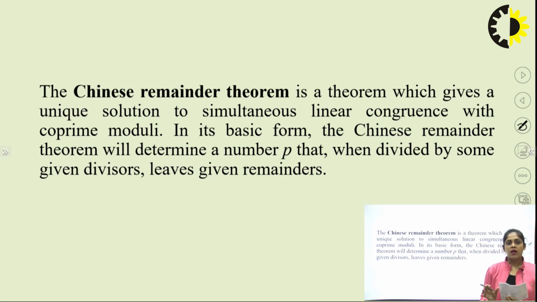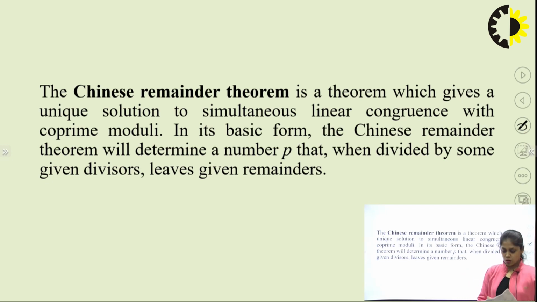So whenever we have certain moduli that are coprime, we will find the value of a number which, when divided by the moduli, gives the remainder given by the equation. We will talk about this Chinese remainder theorem with the help of a numerical.